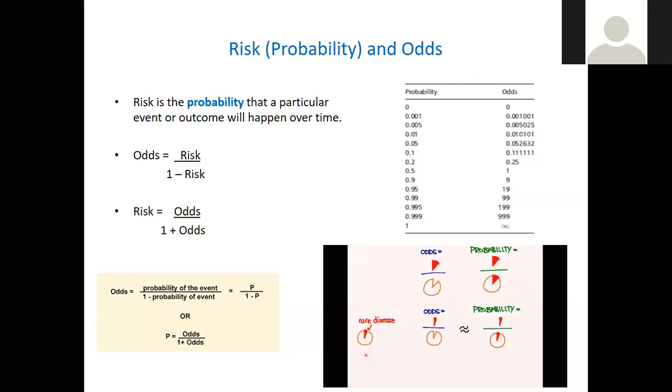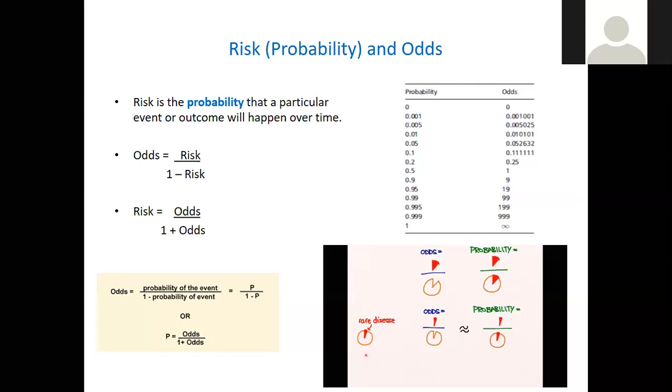But just know that the odds of an event happening is the probability of the event happening divided by the probability of the event not happening, which is 1 minus the probability of the event happening. And that is why, if you go to see the table on the right side, you see the values of some probability, which is the risk also, and the corresponding odds.